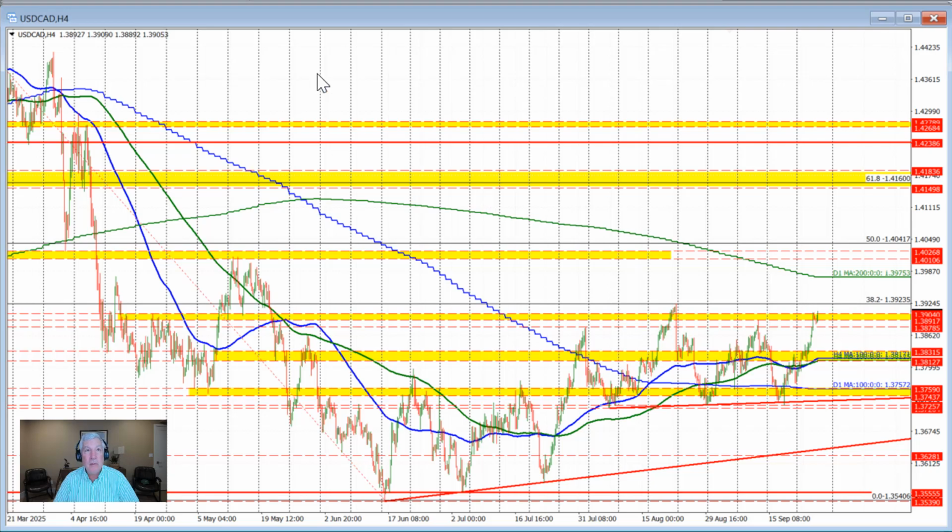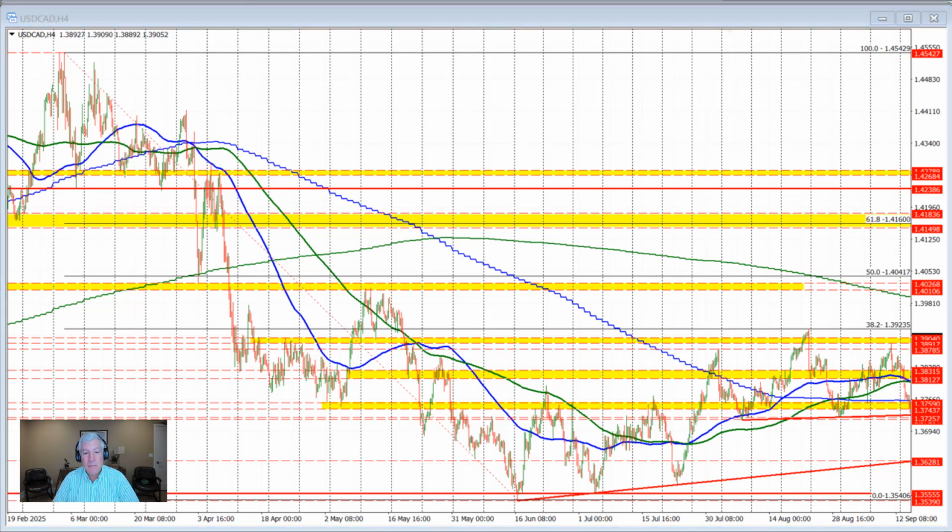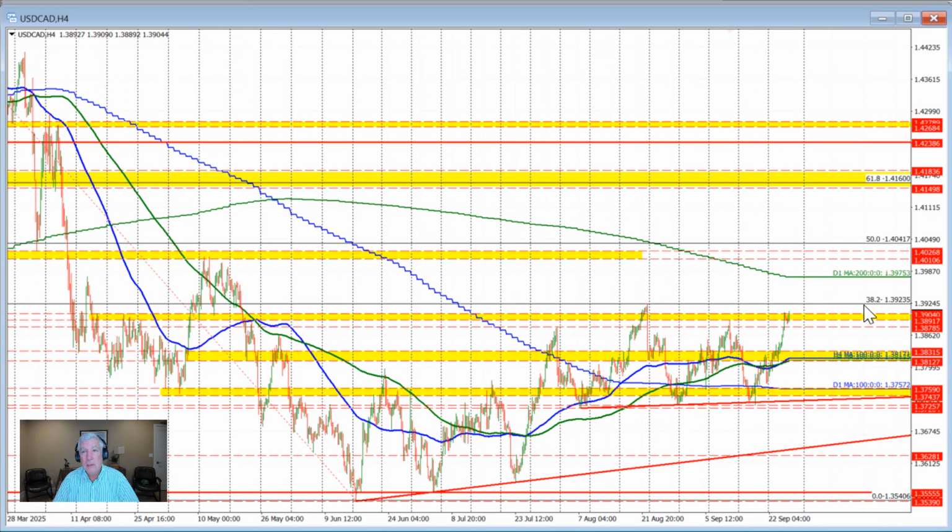Get above that level and we start to look toward the 38.2% retracement of this move down from this high right here, which is the March high, down to the low price that we saw in July. The 38.2 comes in at 1.39235. Recall going back a few weeks ago, the price high came right up to that 38.2% retracement, found willing sellers. So this is going to be the key level to get to and through now that we're trying to break above the 1.3904 level.